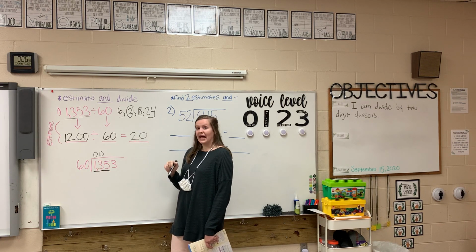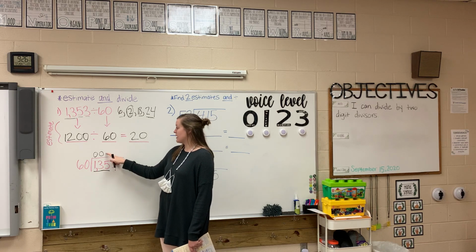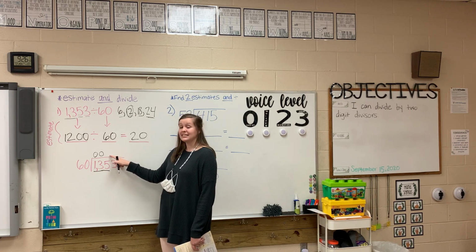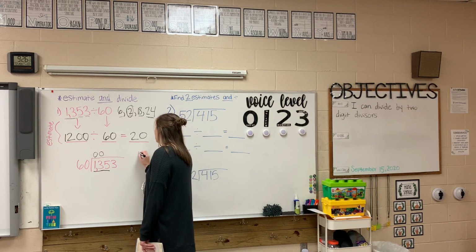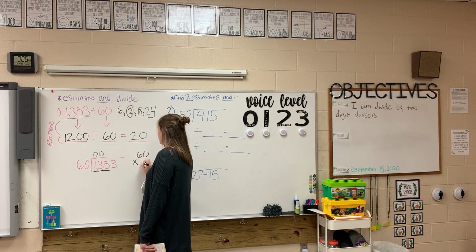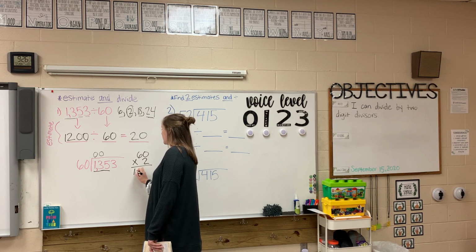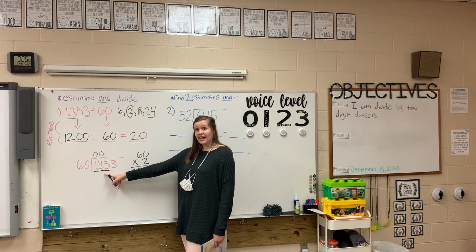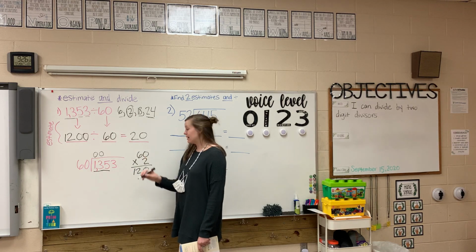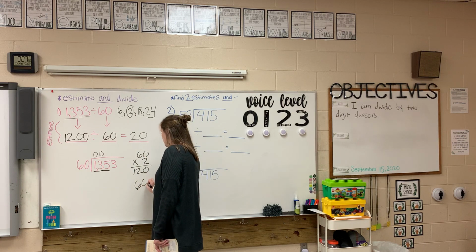So I'm going to start with that 2 because my number in my tens place is going to be around 2. So I'm going to start with 60 times 2, which is 120. Well, that goes into 135. Can I go up to 3? Let's see.